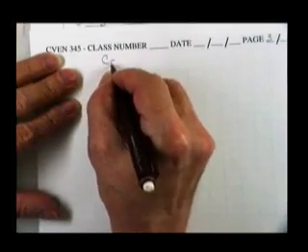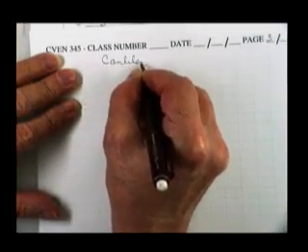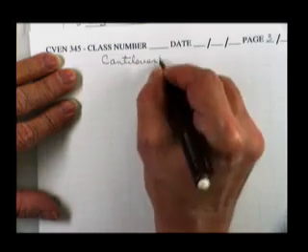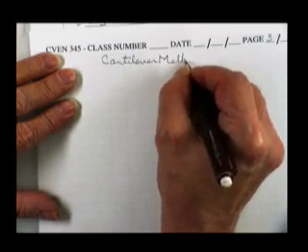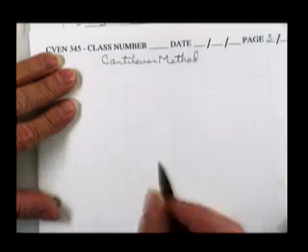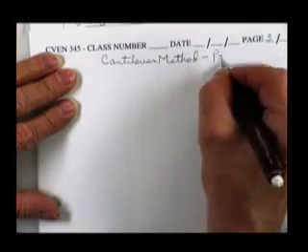A second method is what they call the cantilever method, and it's over on page 646. And it makes some assumptions also.